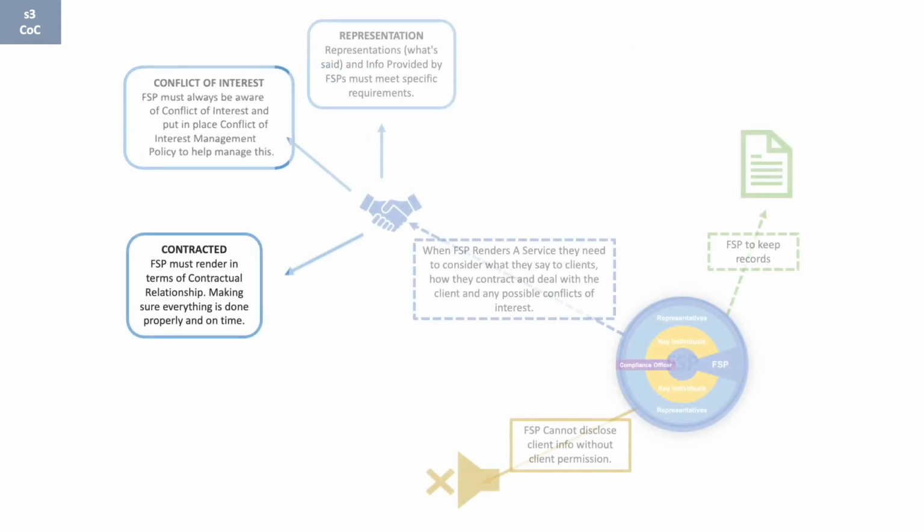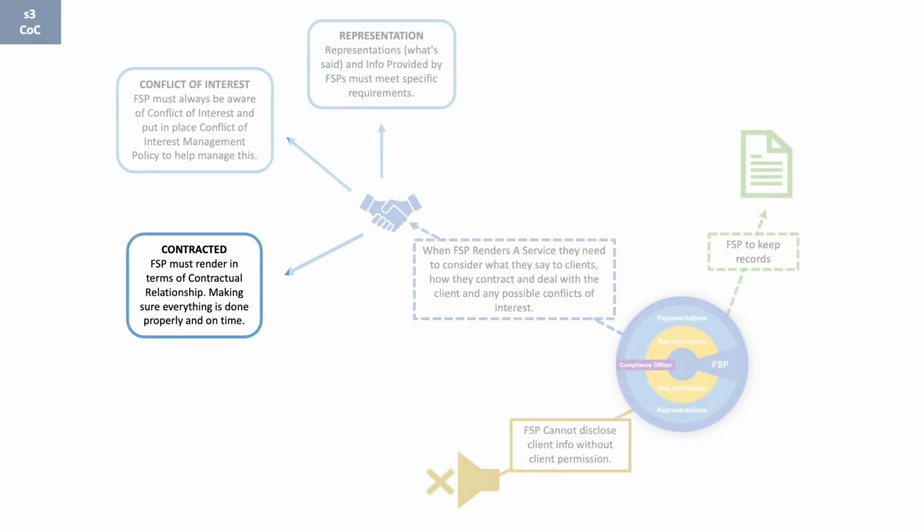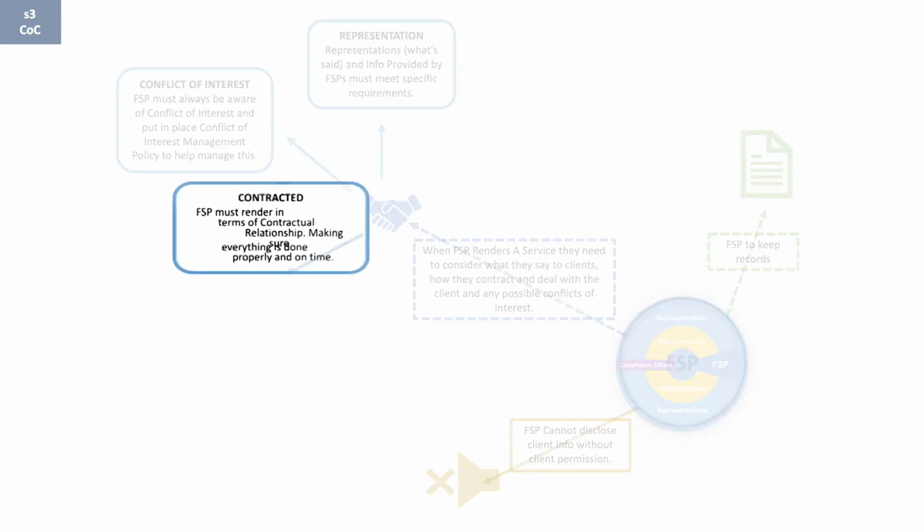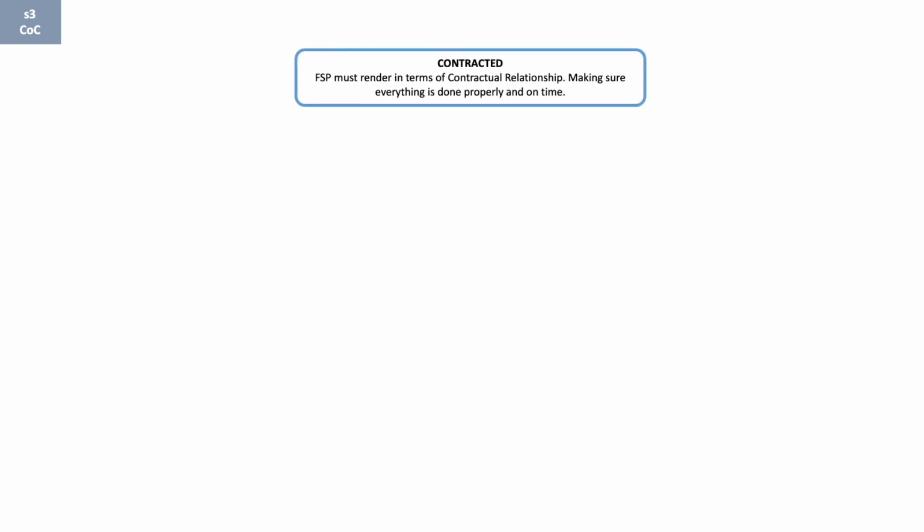Let's now turn our focus to contracting in detail. As mentioned previously, the FSP must render financial services in terms of a contractual relationship, making sure everything is done properly and on time. Services must be rendered as per the contract and reasonable requests from the client.